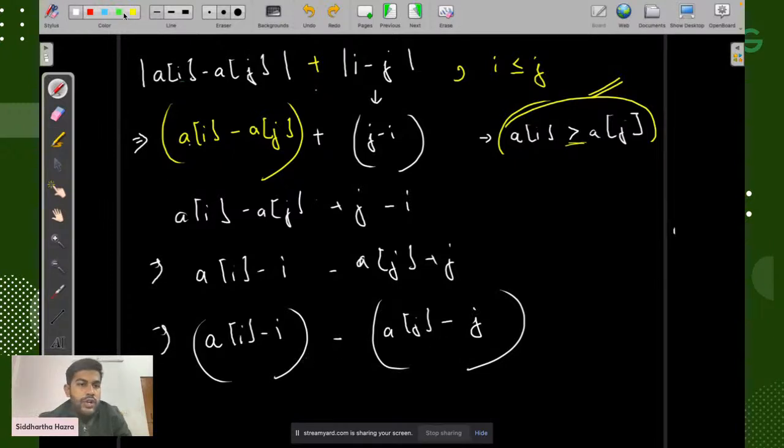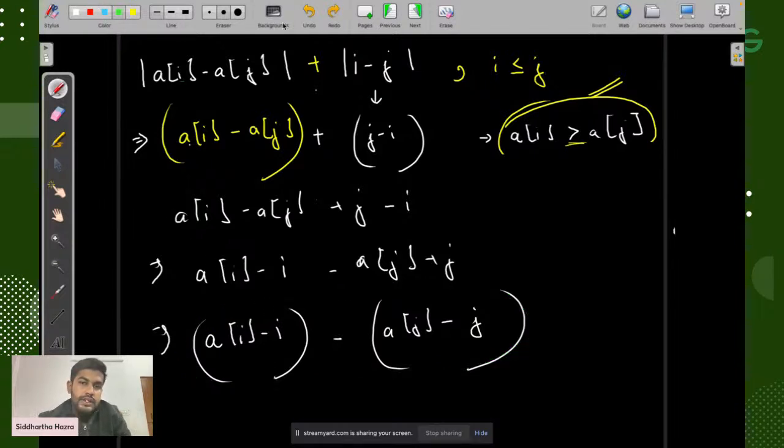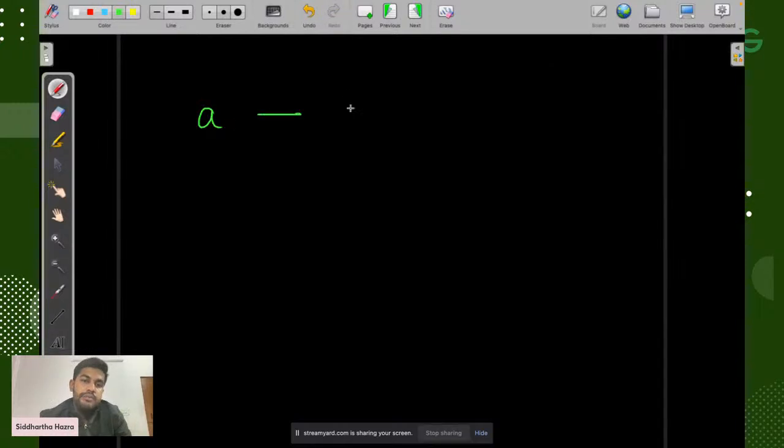If we want to maximize this value, suppose we have a minus b and we want to maximize it, then we need to lower this value and raise that value. Like suppose if we have 100 minus 1, if we want the difference to be maximum, then the gap should be maximum.